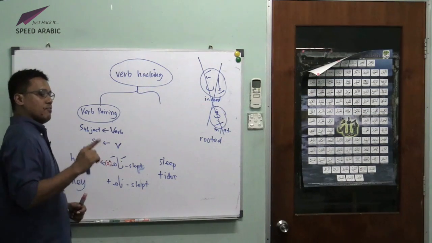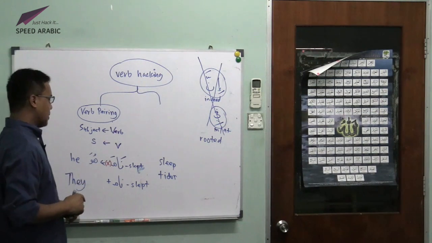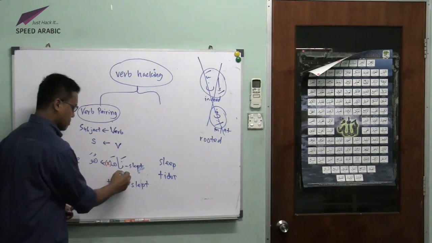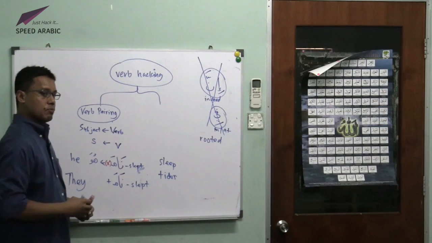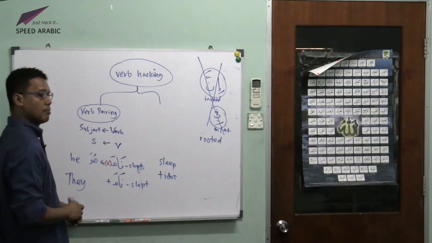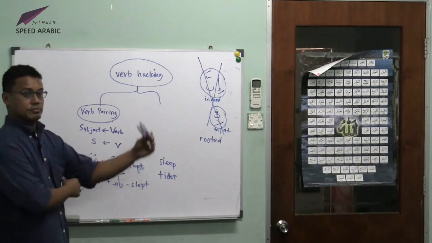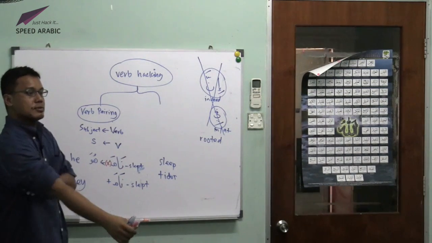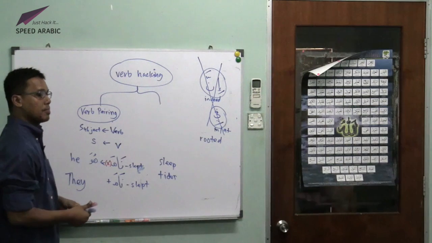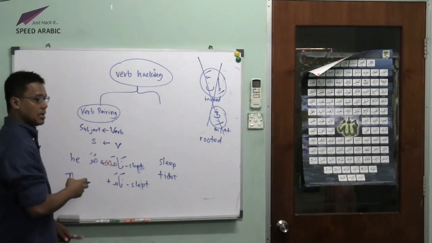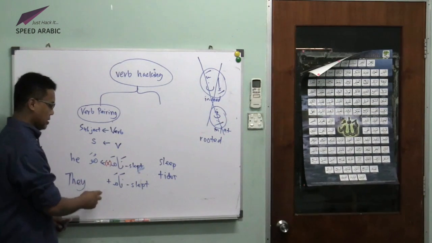so the subjects of verbs, which column do you look at? Which column? Is it 12? 12, right? So what is the affix for they?